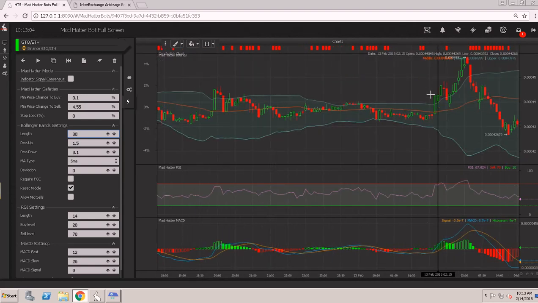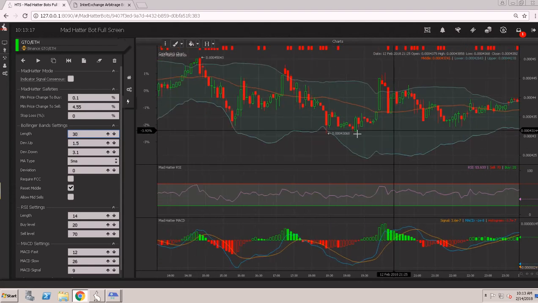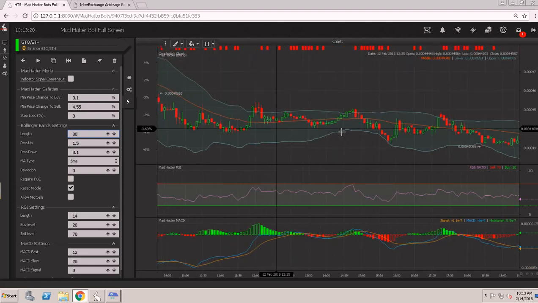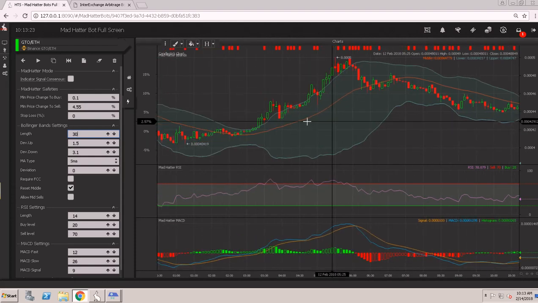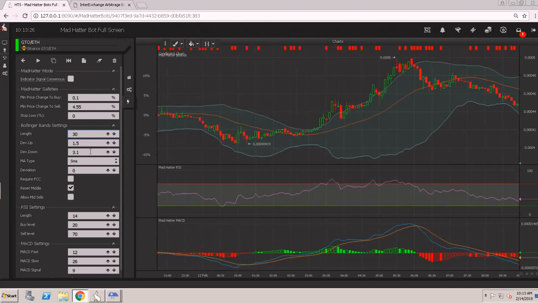And there's some parts where I think, hey, I could have bought here, but why didn't it? Well, maybe it just didn't have a good signal because it did break the bottom band. So it's very reluctant to buy. Alright, so if we want to make it more reluctant to buy, then we'll lower this down a little bit, 2.9.